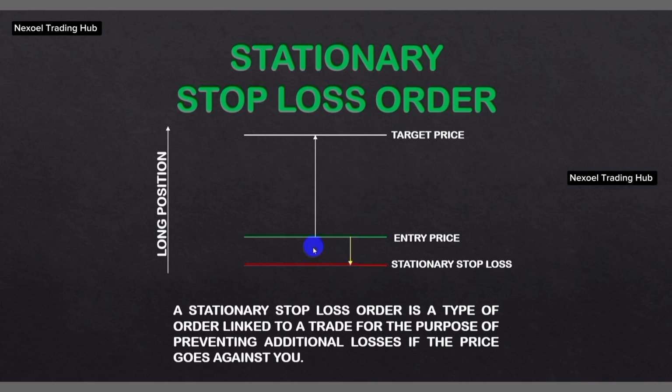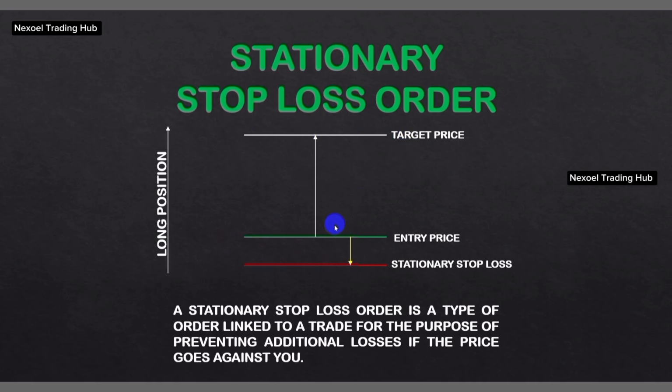So now this is actually the entry price, and then this is your stop loss, and then this is now your target price. So we are assuming this is actually a price chart, and then you are in a long position, meaning you are in a buy market, in a bullish market. So you actually took your entry at this price level, you set your stop loss here, and this is your target price.